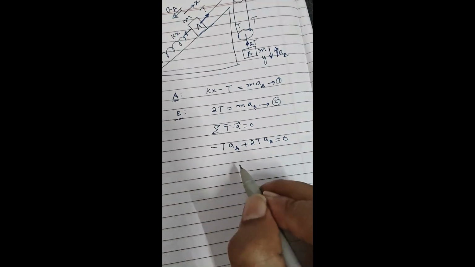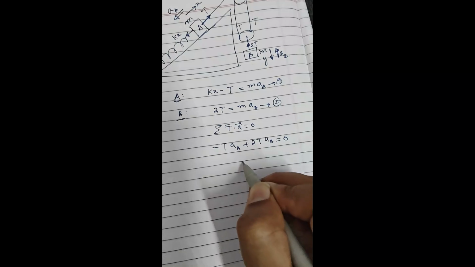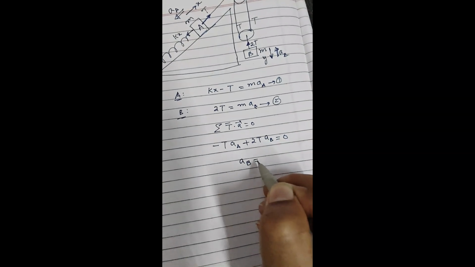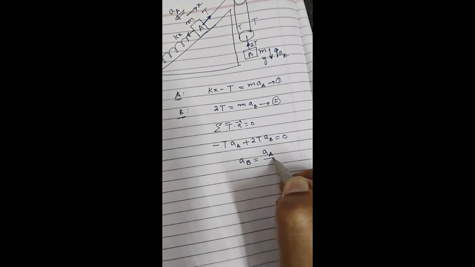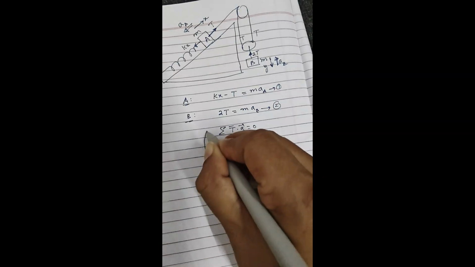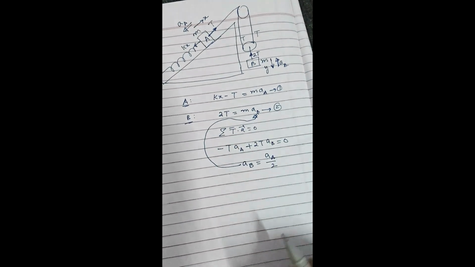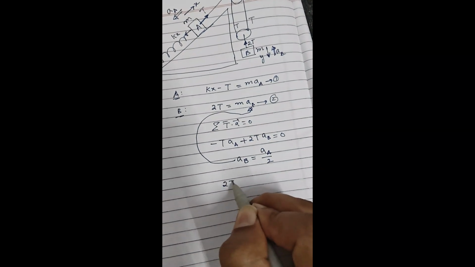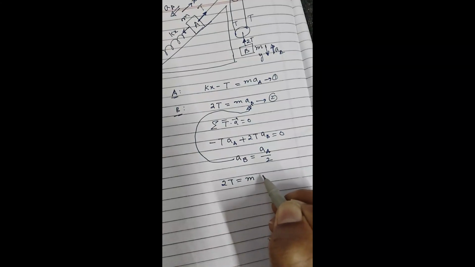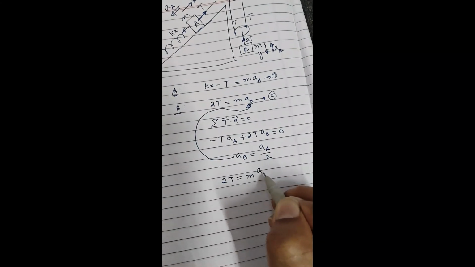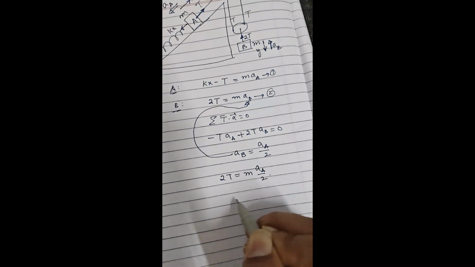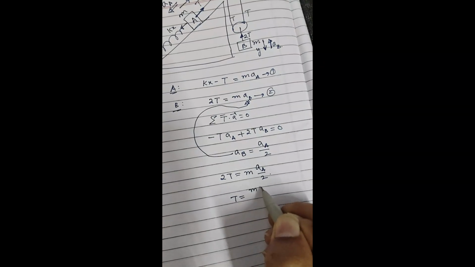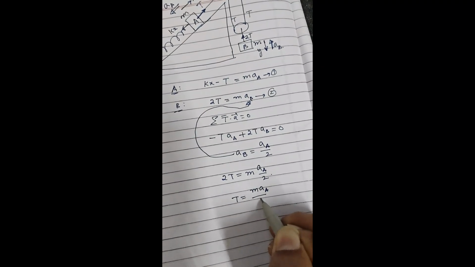So if I take it that side, I will get acceleration of B is equal to acceleration of A by 2. Put this in this equation. So your 2T will be equal to m into, what is acceleration of B? Acceleration of A divided by 2. So tension will be m a A by 4.